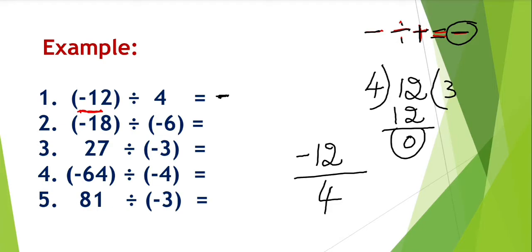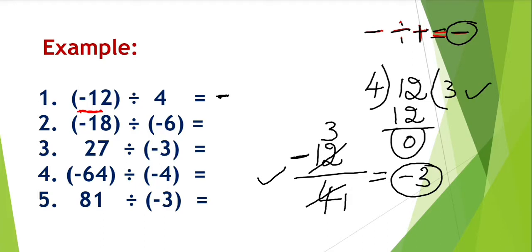Cutting, if you know the cutting, read the 4 table. 4 threes are 12, so cut 4 and 12. 4 ones are 4, 4 threes are 12, and here it is minus, so we will get minus 3 as the quotient. You can follow this or you can do it like this. In primary stage you learn this, but in higher classes you have to practice this cutting method. So here we are getting minus 3 as the result.